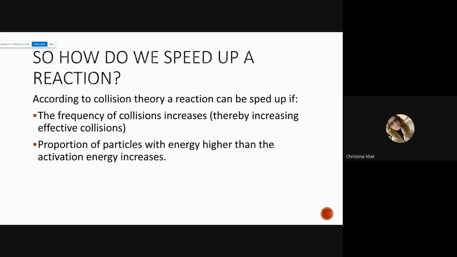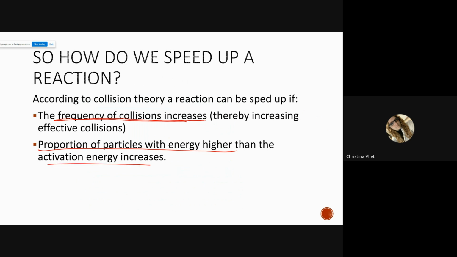So in some way, we have to increase the frequency of collisions. We have to get those particles to collide with each other more often, so there's a more likelihood that you'll have an effective collision. And we need a proportion of the particles with energy higher than the activation energy that have enough energy to turn from reactants to products to increase.